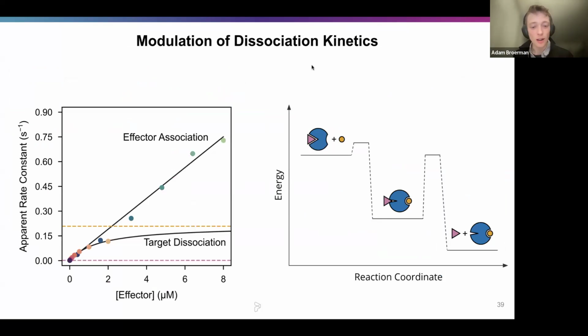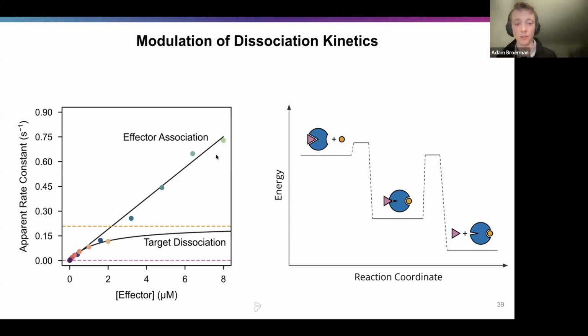Okay, so from that kinetic data that I showed a little bit before, we saw some quite significant enhancement of target dissociation. The maximum rate of target dissociation is maybe around 0.2 per second. However, we saw that the rate of effector association quite outstripped that.